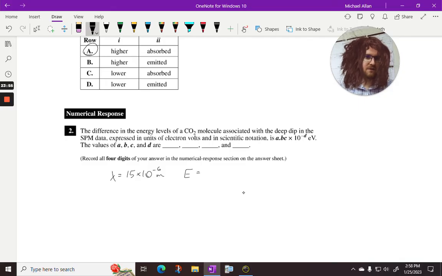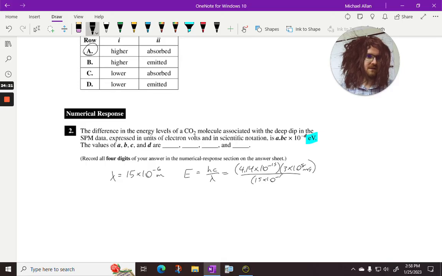I can find the energy by going hc over lambda. Now we're just going to make sure we're using the proper h. I want my answer to be in electron volts here. If I use the wrong h, I'm probably going to get the wrong kind of exponent anyway. So I'm going to use the 4.14 times 10 to the negative 15 times the speed of light here, and I'm going to divide it by this wavelength.